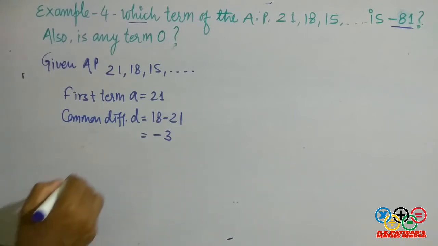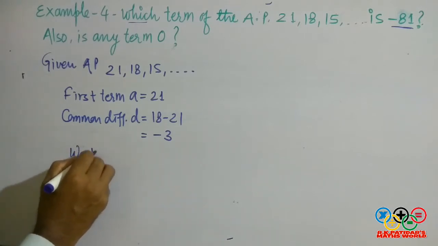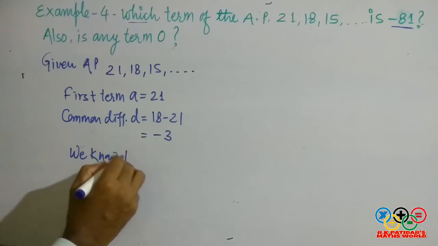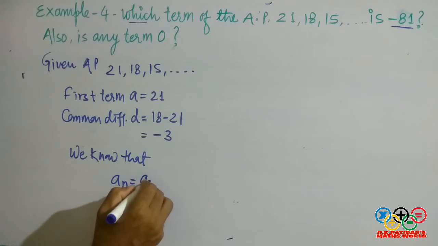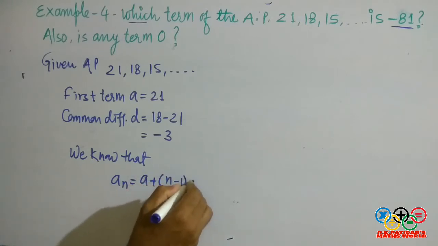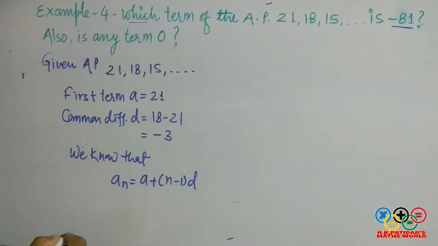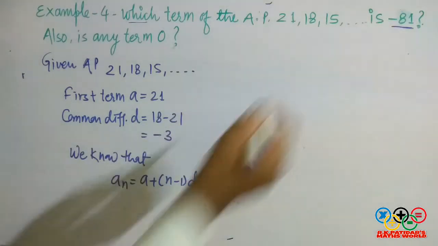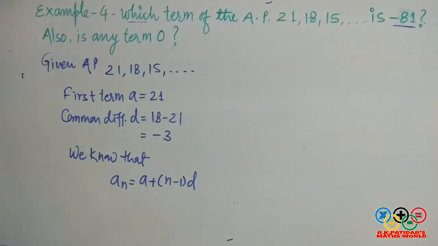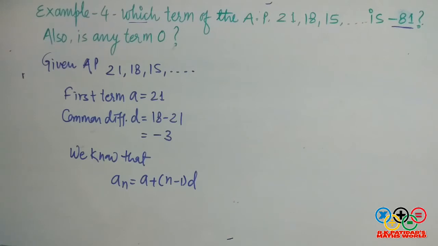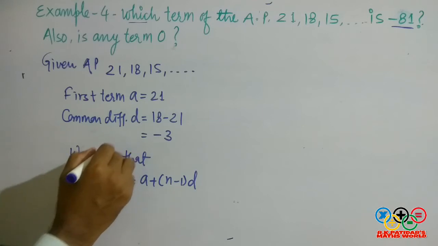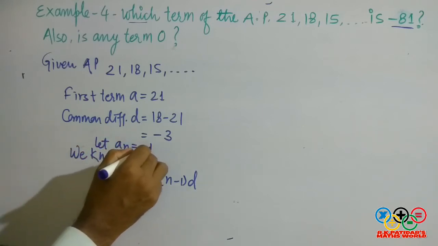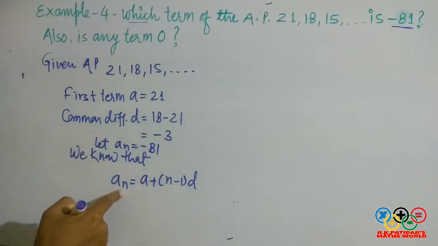Okay. Now we know that an is equal to a plus (n minus 1)d, which is the formula for the nth term. Here it is given that which term is minus 81. So we assume that the nth term is minus 81. Let an is equal to minus 81, meaning हमें term given है.